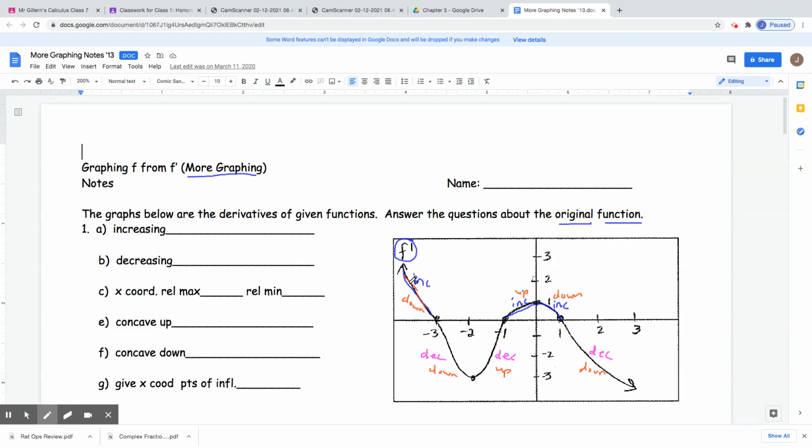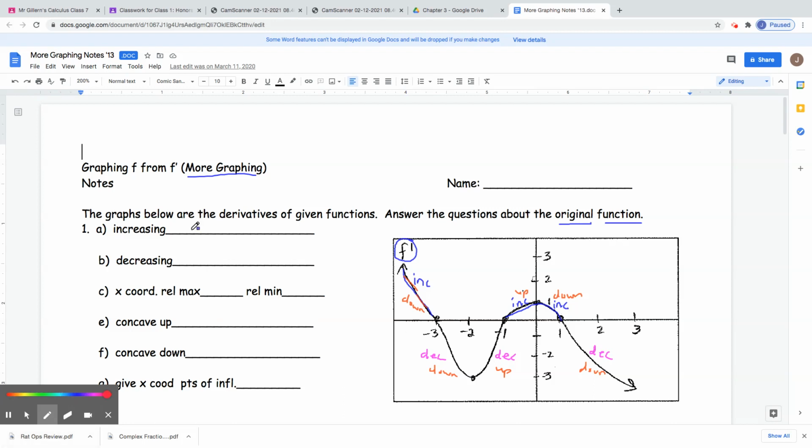So the slope here is negative, which means the second derivative would be negative here, which means it'd be concave down. All right. Just to recap real quick, where the graph is above the x-axis, we label as increasing. Wherever it's below the x-axis, we label decreasing. Then to do concavity, we trace the derivative graph. Wherever it's going down, the original is concave down. Wherever it's going up, it's concave up.